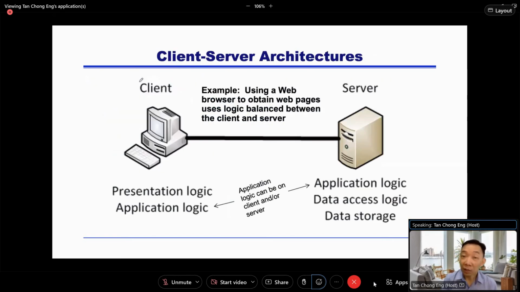And this is the client-server architecture, meaning to say we share. You take half, I take half. In this case, the client is responsible for the presentation logic and the application logic. The server will do the application logic, data access logic, and the data storage.